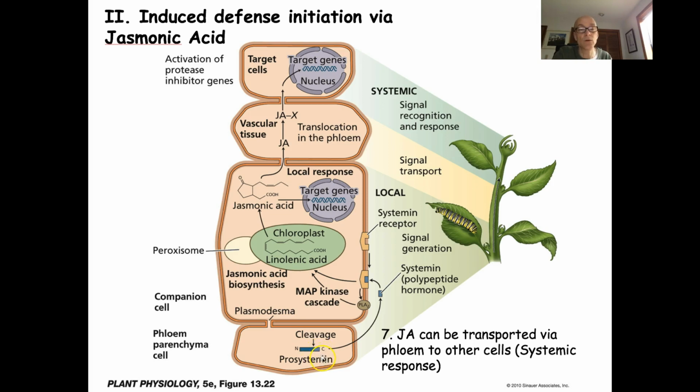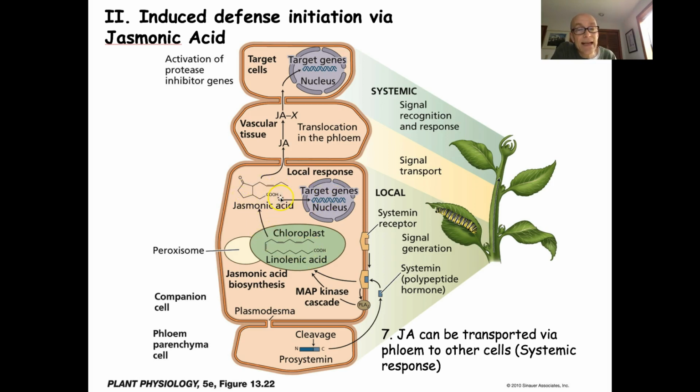So this happens on the local level. So systemin is a protein that needs to be activated by cleavage. So the cleavage of the protein from prosystemin will release systemin, which can then act on neighboring cells, and these neighboring cells will then turn on the production of jasmonic acid and turn on this pathway.